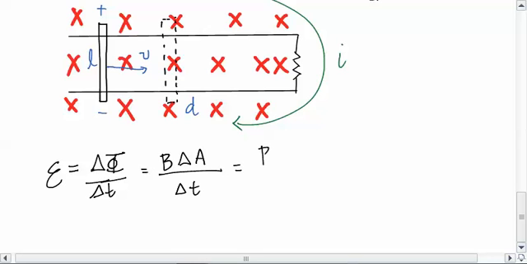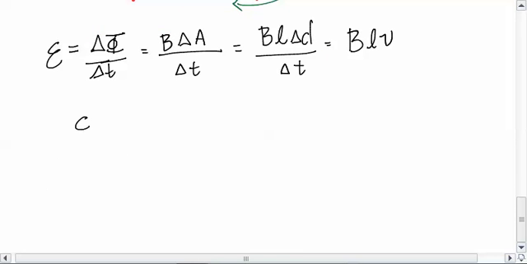So could I write this as B, length, change in distance over change in time? What's change in distance over change in time? Velocity. B, L, V. Mind blown, exploded everywhere awesomeness. So the induced EMF in this type of situation is B, L, V.